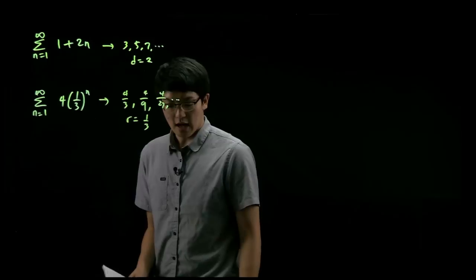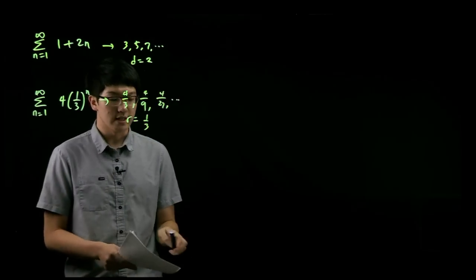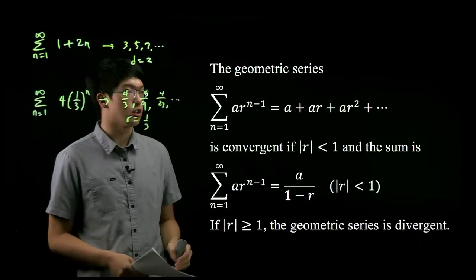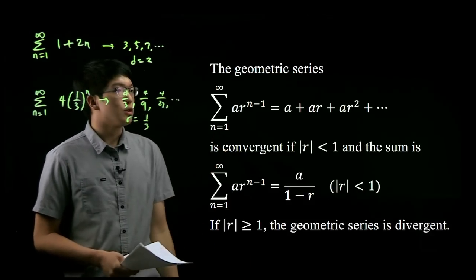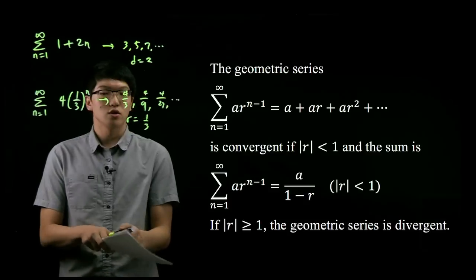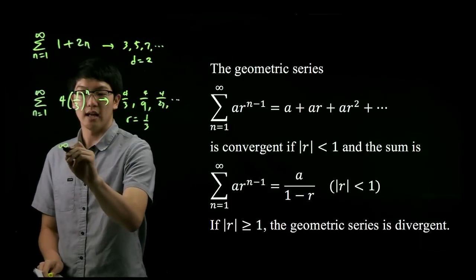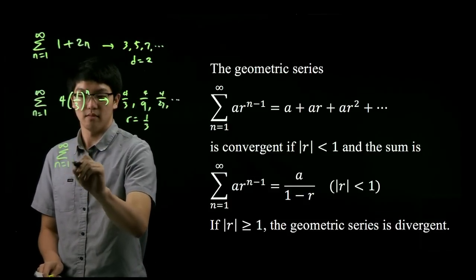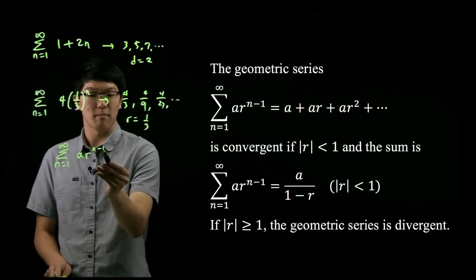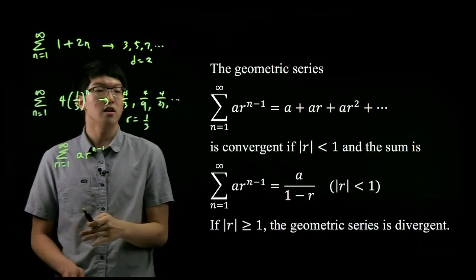So let's now look at the geometric series definition and how it's going to work within calculus. So as I said, geometric series will have a common ratio, so we tend to write it as a r^(n-1). And notice that I have n minus 1 power here, but just n power there.